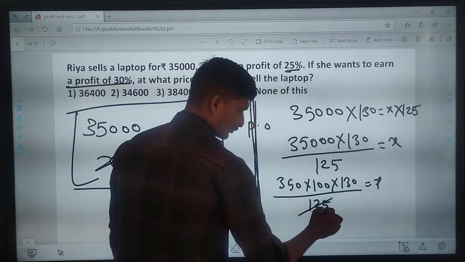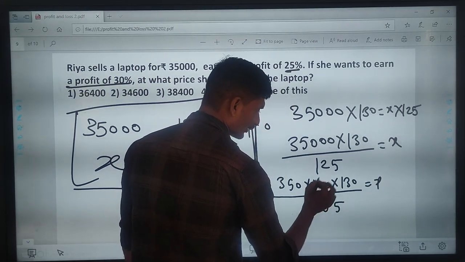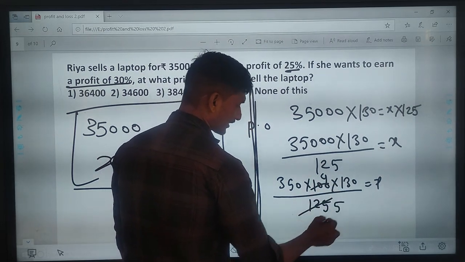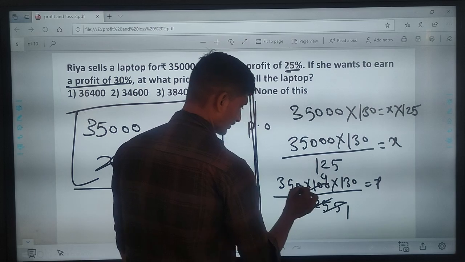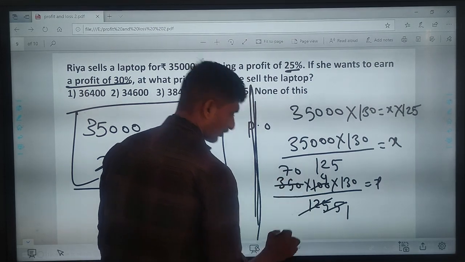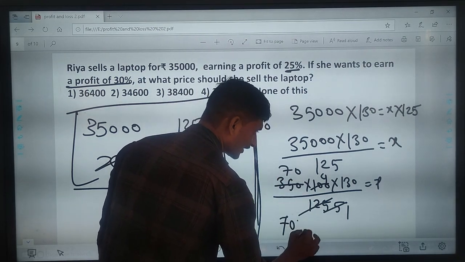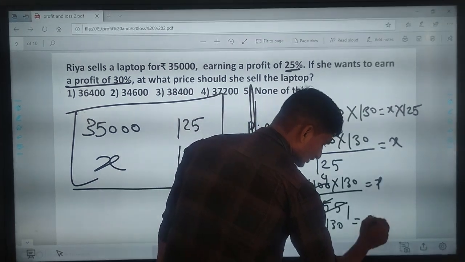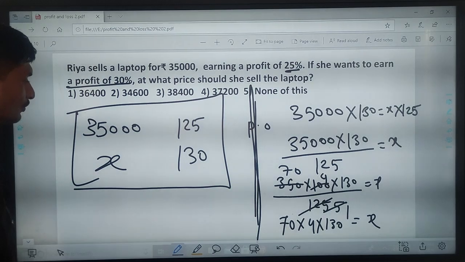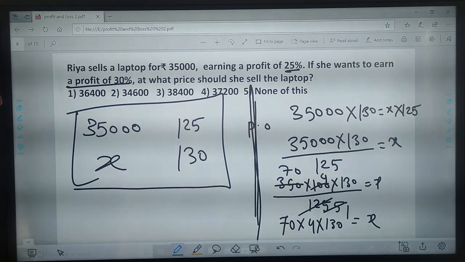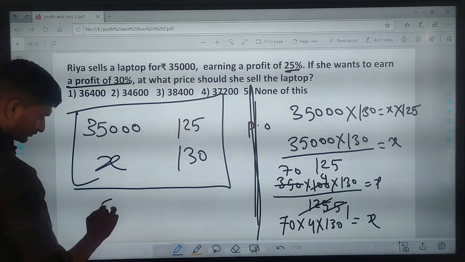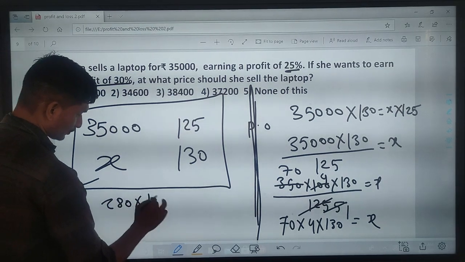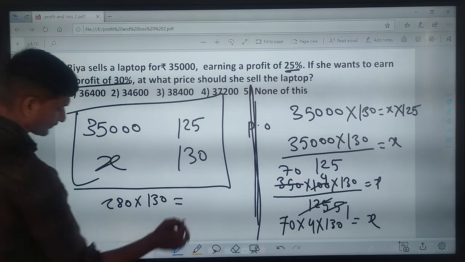Then 25 5s are 125, 25 4s are 100. Then here remains 70 into 4 into 130. Now 70 into 4 is 280, into 130.